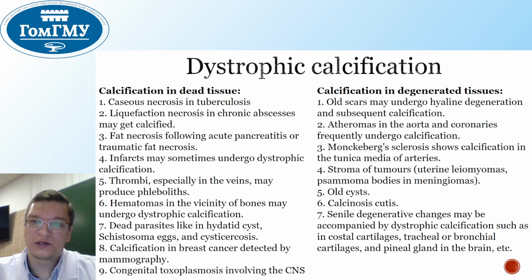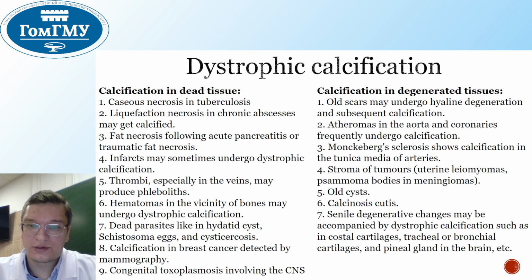When we talk about degenerated tissues, it's usually seen in old scars, which may undergo hyaline degeneration and subsequent calcification. In atheromas of the aorta and coronaries. Monckeberg sclerosis, a classical example of calcification in the tunica media of arteries. Stroma of tumors. Old cysts in skin, which is known as calcinosis cutis.